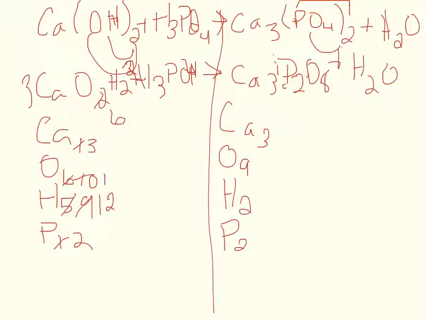So the oxygen would be 14, I believe. So now we have phosphorus and calcium balanced. And here, on the right side, we can balance hydrogen by multiplying it on the right by 6, making that 12.